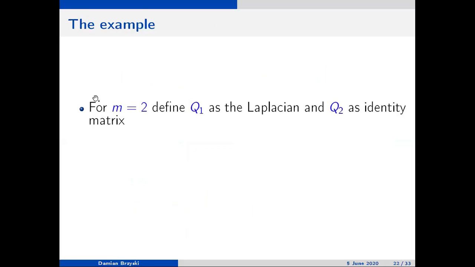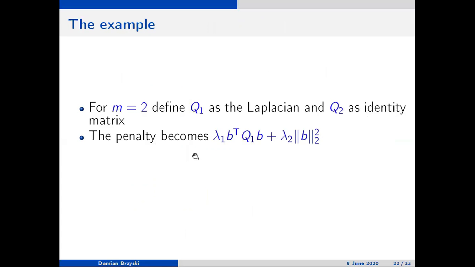And of course, for m equal 2, suppose that you have only one matrix, one adjacency matrix, and you can define the Laplacian, which is Q1 for now, and Q2, let's say, is defined as an identity matrix.